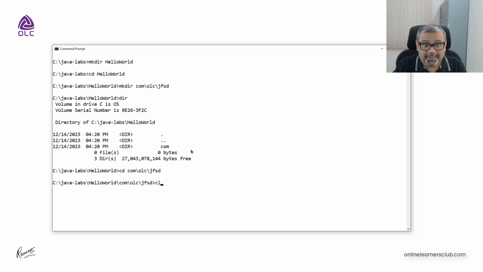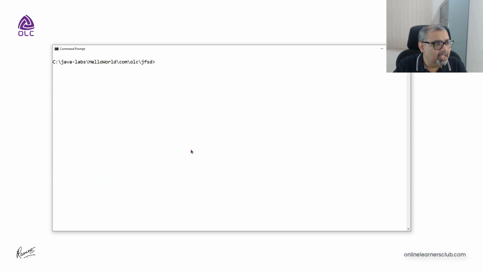You would have observed me typing clear. Again, this is from my Unix and Linux based practice. So let me clear this, and now let me go ahead and create a file. I'll create a file called HelloWorldApp.java, as we've already discussed. I will use Notepad here.